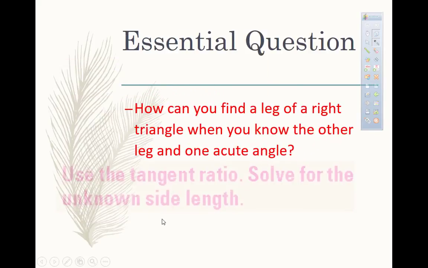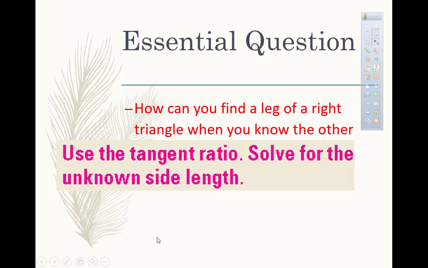And so now you kind of understand how to do it. You just use the tangent ratio. If you have the opposite leg or the adjacent leg, you can find the other one by using the tangent ratio. Okay, so what I would like you to do now is finish up your study guide. We will save the book assignment for Monday, okay? And this is where we're going to stop.